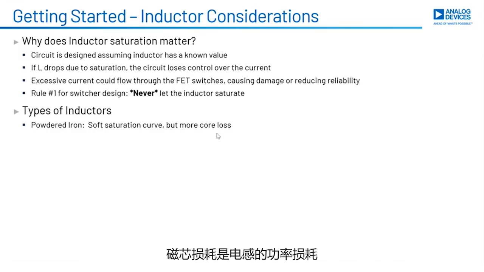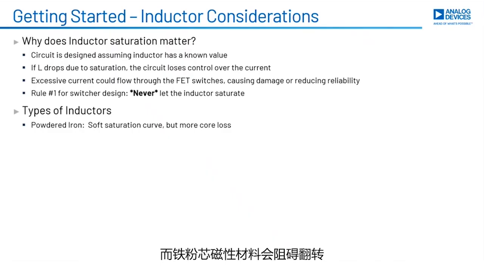And core loss is a type of power loss in the inductor. It comes from the fact that with powdered iron, as you change from rising inductor current to falling inductor current, the dipoles in the magnetic material have to flip back and forth.